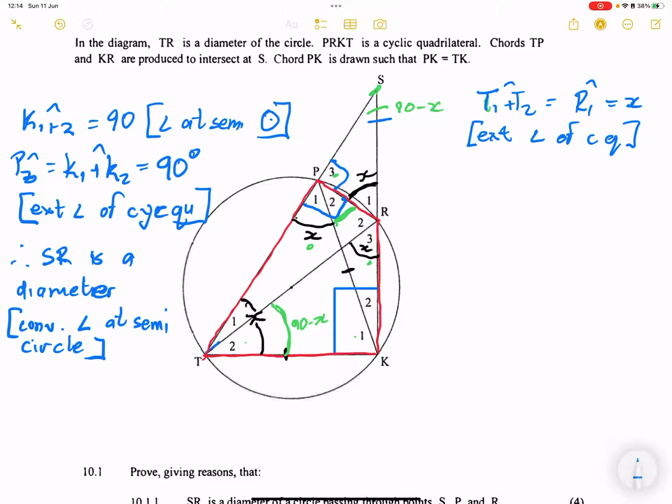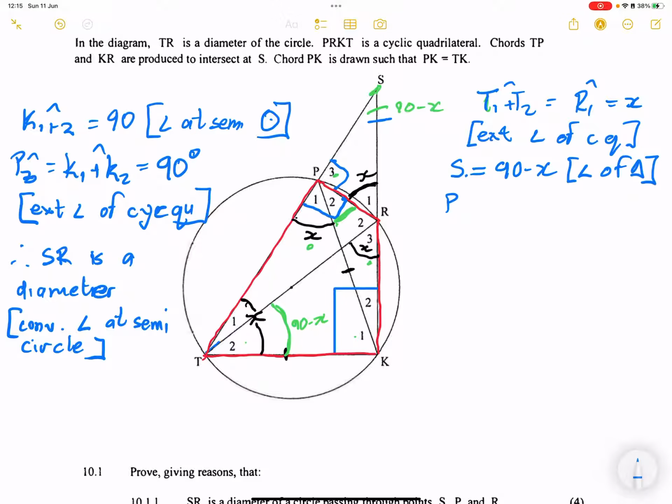Now we already know that P3 is equal to 90. R1 is X. So therefore angle S would be equal to 90 minus X. Why is that? That's the sum of angles of a triangle. So you can try that out.